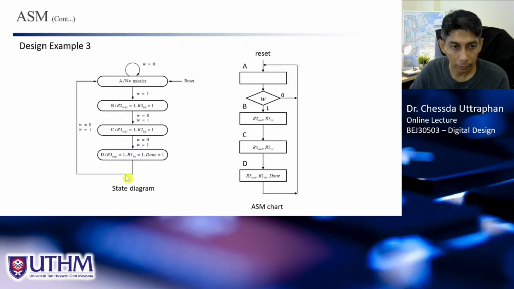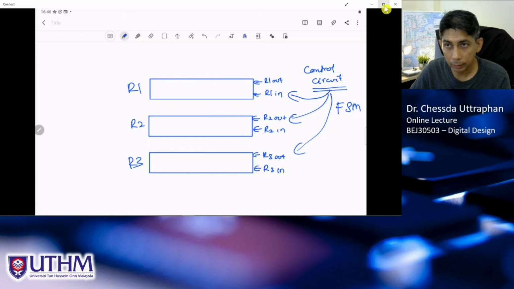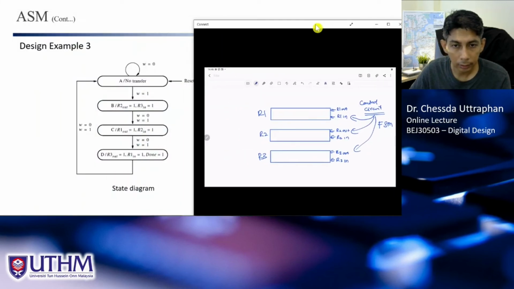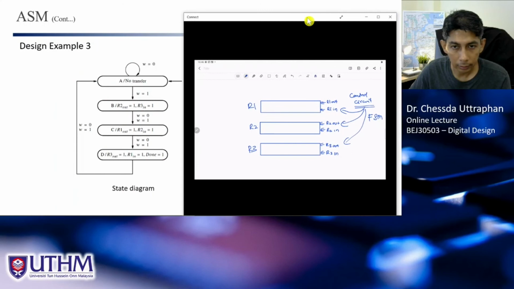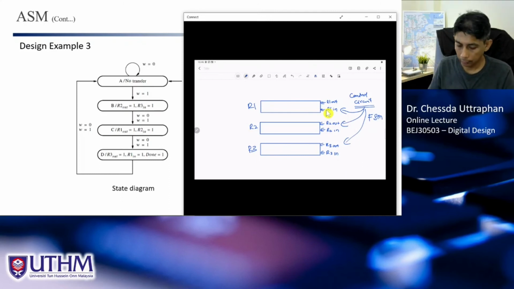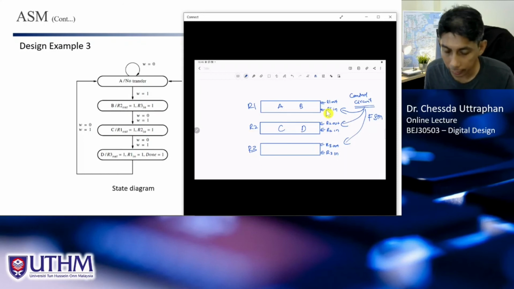So this is how we create the state diagram for that. First, remember, we have A, B, C, D. First thing is we want to save the content of R2 into R3.